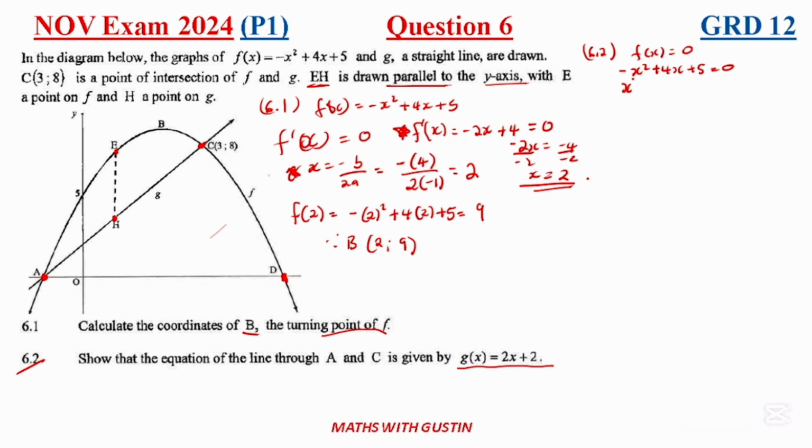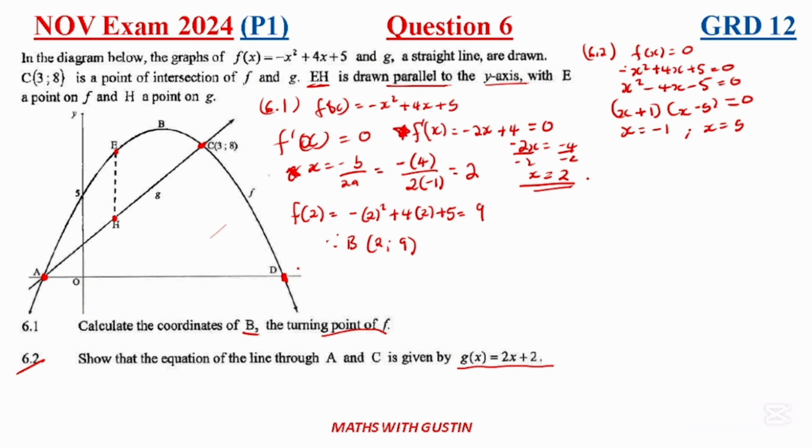Multiply by negative throughout: x squared minus 4x minus 5 is equal to 0. Therefore, we factorize x, and the two factors are plus 1 and minus 5. Therefore, x is equal to negative 1 or x is equal to 5.